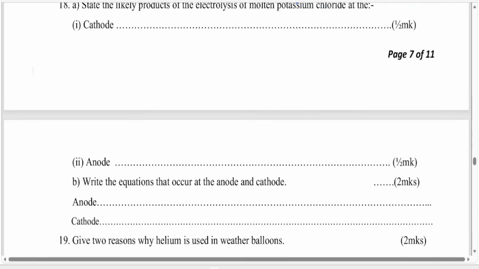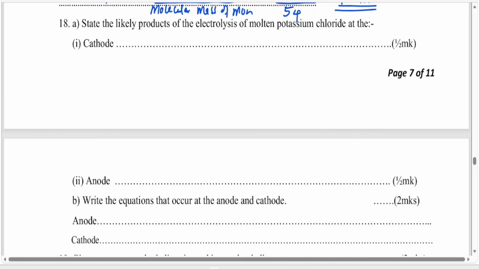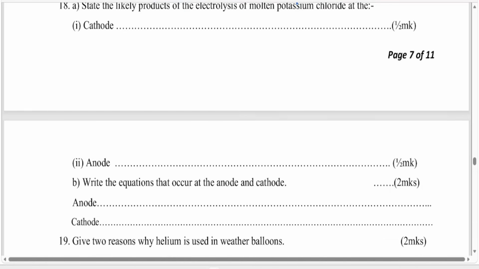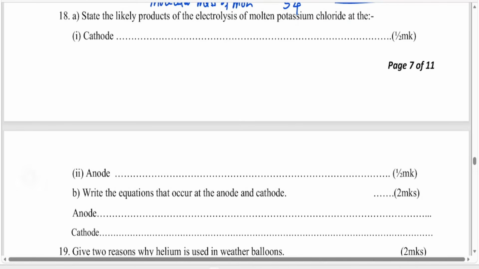Question number 18. State the likely products of electrolysis of molten potassium chloride at the cathode. Learners, in Form 4 you learned about electrolysis, preferential discharge of ions, electrolysis of molten substances and also electrolysis of aqueous solutions, considering certain factors for the discharge of the ions.